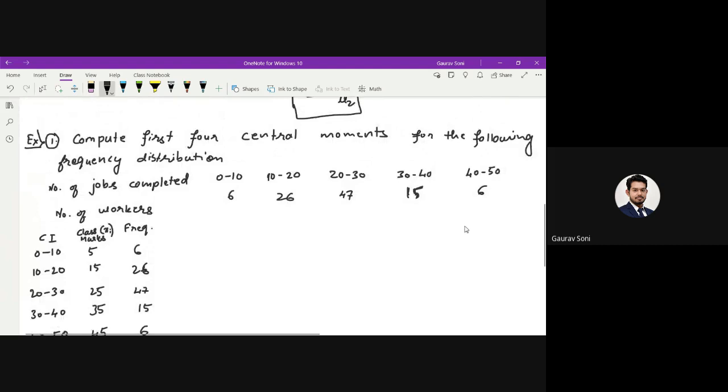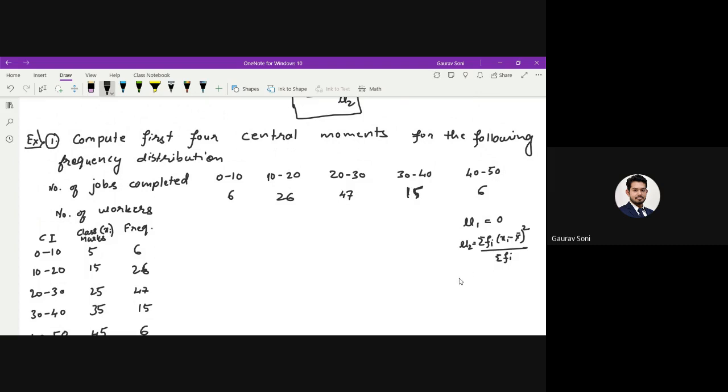What is the first moment always? Mu1 is 0. Formula for mu2 is summation fi xi minus x bar square upon summation fi.